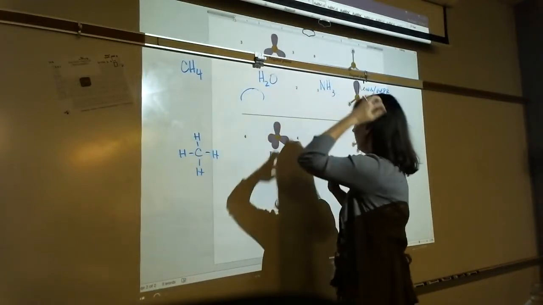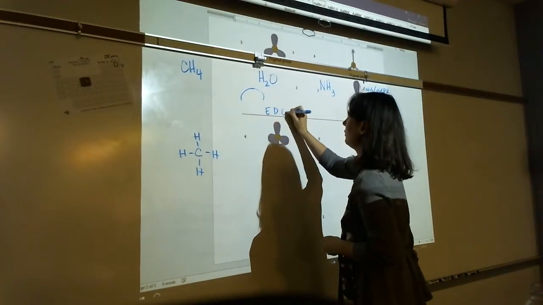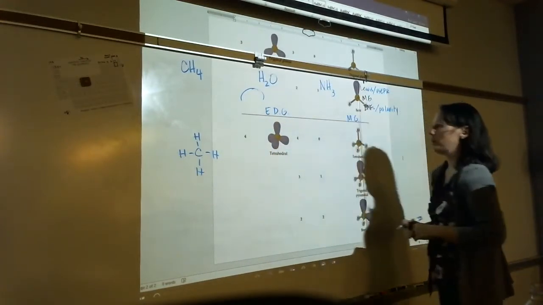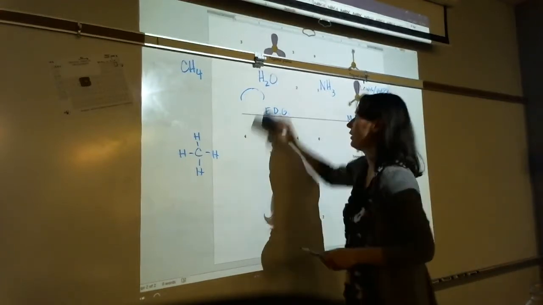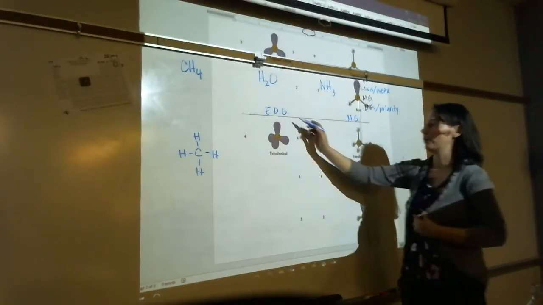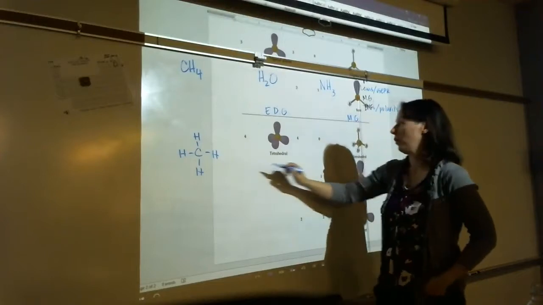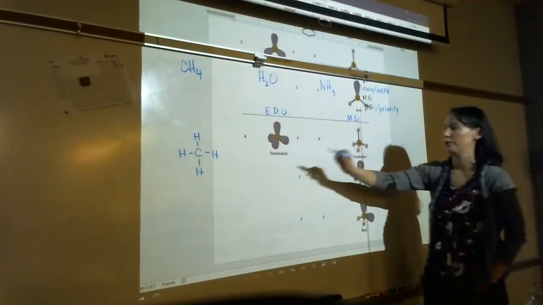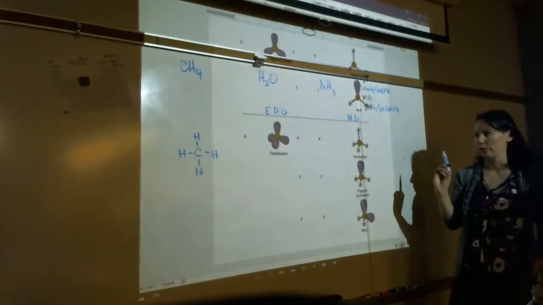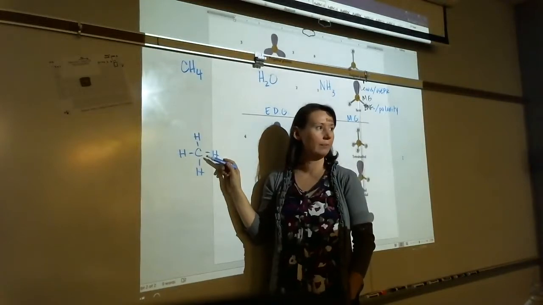Okay, so this is called the electron domain geometry, and this is called the molecular geometry. The difference is that electron domain geometry just looks at the number of things on the central atom, whereas molecular geometry looks at the number of things but subtracts out the number of lone pairs. So are there any lone pairs of electrons on the central atom here?